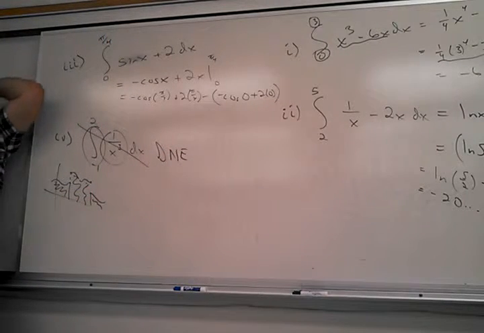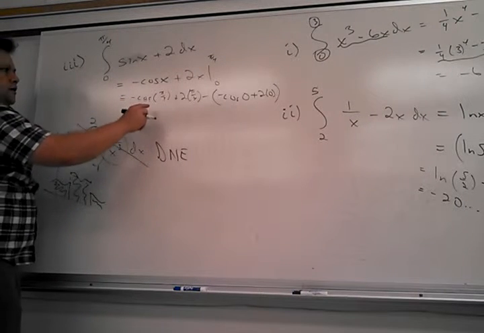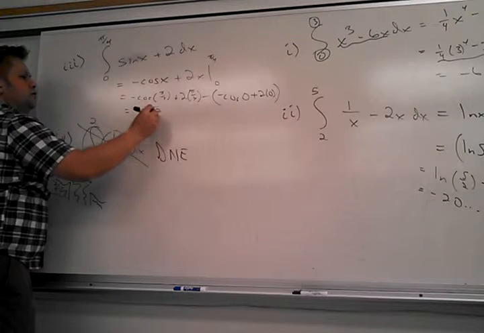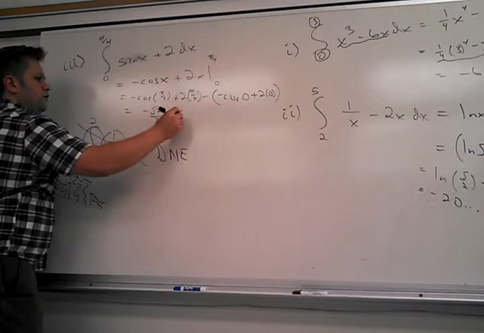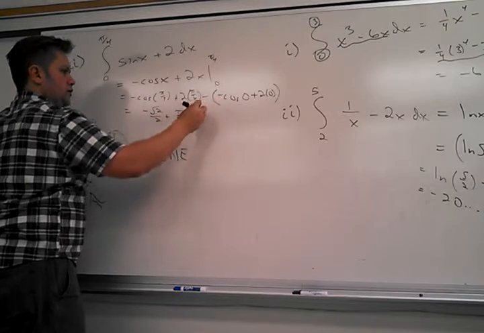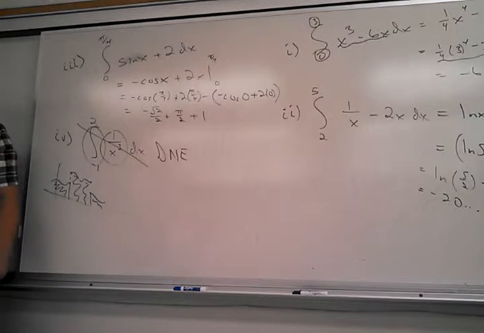I highly recommend doing that, a parenthesis with the minus sign in the middle, so you don't forget to distribute the negative. What's cosine of pi over 4? So you get negative root 2 over 2 plus pi over 2 plus 1 minus 0. And then you can give me a decimal approximation for that.